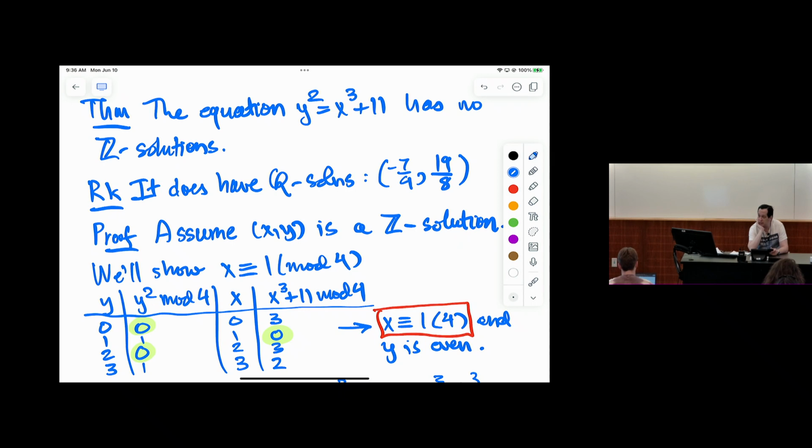Anybody remember ever doing something like that? You could factor, yeah. Anything else? Descent, okay. Height functions, getting a little bit more advanced than I wanted to. Yeah, reduction.